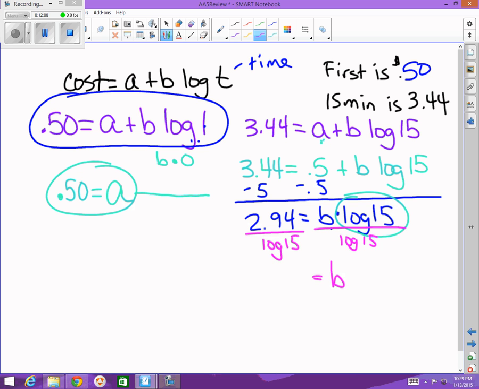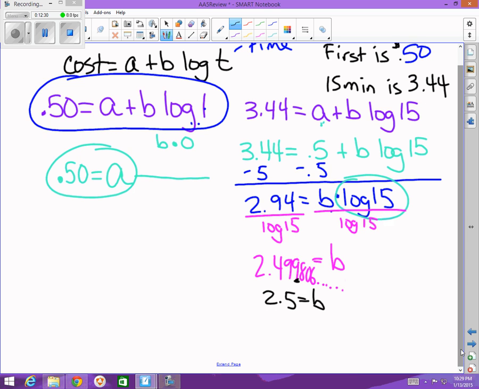And that is going to be approximately 2.499806 and change. Now, if you rounded this to, let's say, 3 decimal places, this becomes 2.5 is equal to b.